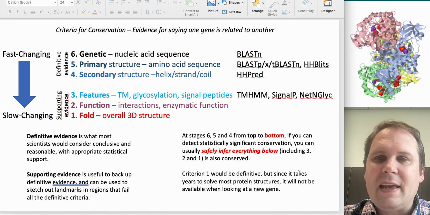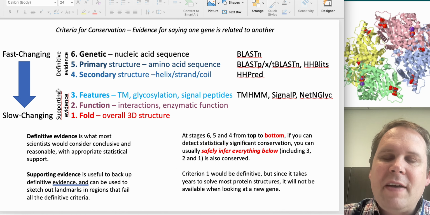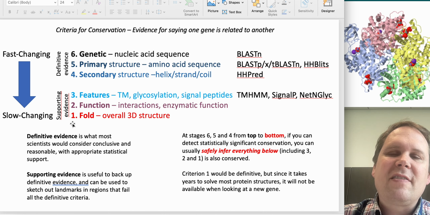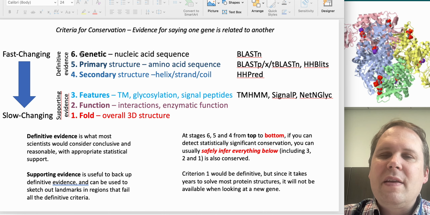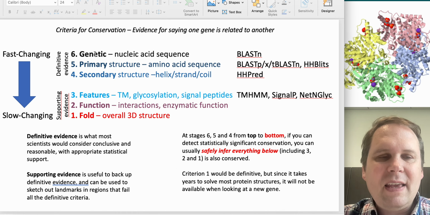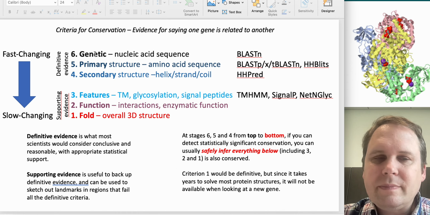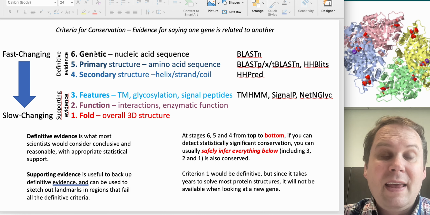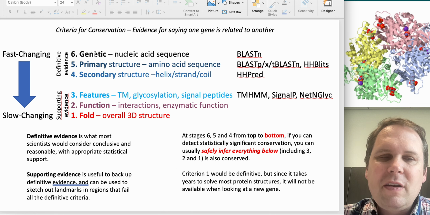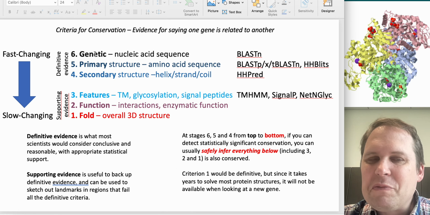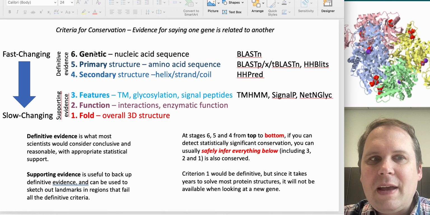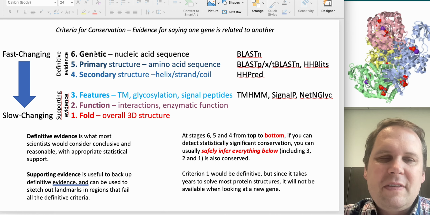So that's really nice. So here's the order of evidence. So what changes fastest versus what changes slowest? So the fastest changing thing is nucleic acid. So like the DNA or the RNA that encodes a protein. Why do I say this changes fast? Well, if you've ever looked at the coding wheel, and I mean really looked at it, you'll notice there are only 20 amino acids and 3 stops.